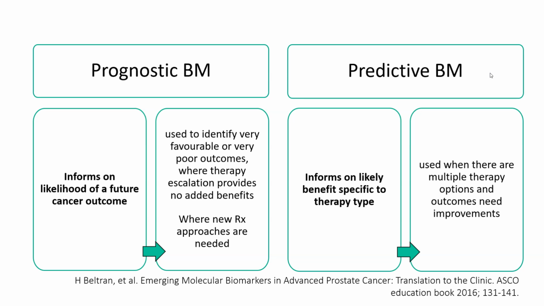So prognostic biomarkers are used when new therapy approaches are needed. On the other hand, predictive biomarkers inform on the likelihood of a benefit or disbenefit to a specific type of therapy, and are used when there are multiple therapy options and outcomes need improving.